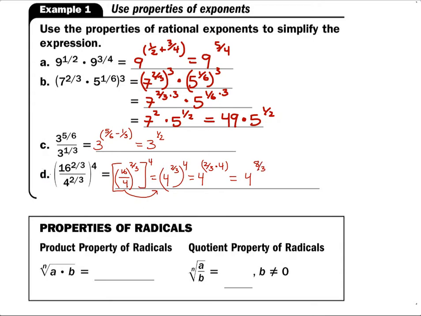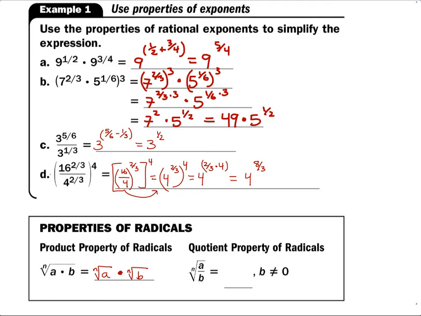Now at the bottom, I have a couple quick things about properties of radicals. The first property is if you're multiplying two things inside a radical, that's the same thing as having two separate radicals with that same index, so the same nth root, but two separate radicals multiplied together.